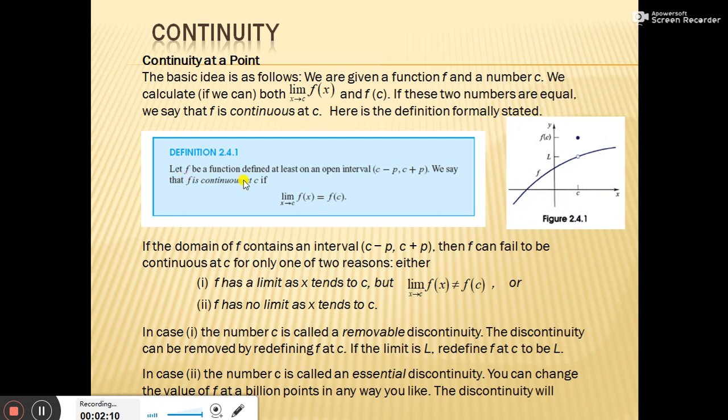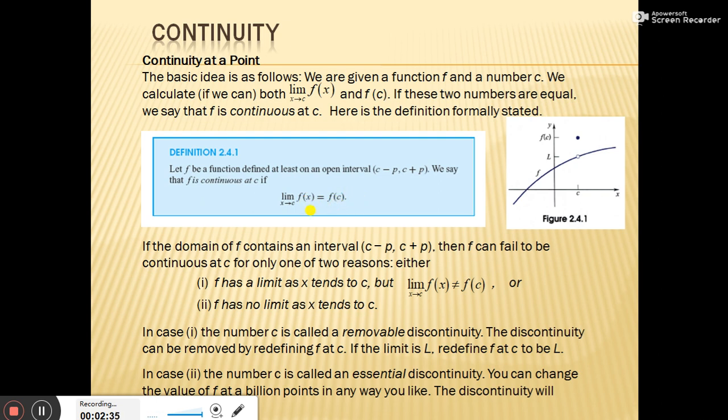Let f be a function defined at least on an open interval from c minus p to c plus p. C minus p is slightly less than c, and c plus p is slightly greater than c. Then this function is continuous at c if the limit as x tends to c of f(x) is equal to f(c).